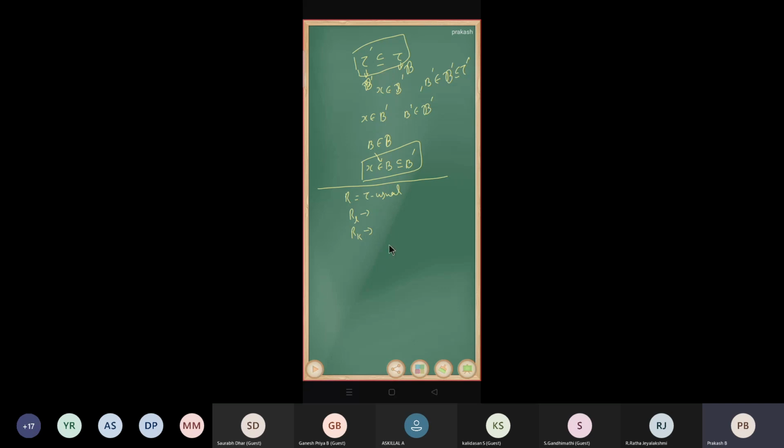First, I'm going to compare the lower limit topology and the usual topology. The basis for the usual topology is script B equal to the set of all open intervals a comma b. The basis for the lower limit topology is script B dash equal to the set of all closed-open intervals a comma b.